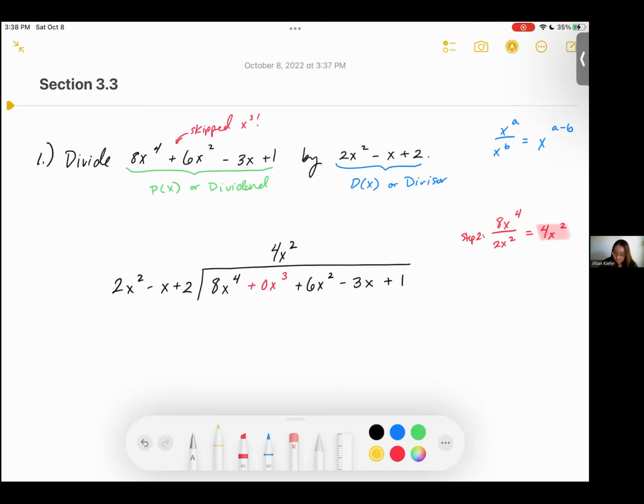So we're going to go ahead and multiply 4x squared to each one of these values. Then you're going to take all of those answers and write them below and subtract them. So let me shorten up that line just a little bit, give us a little bit more room.